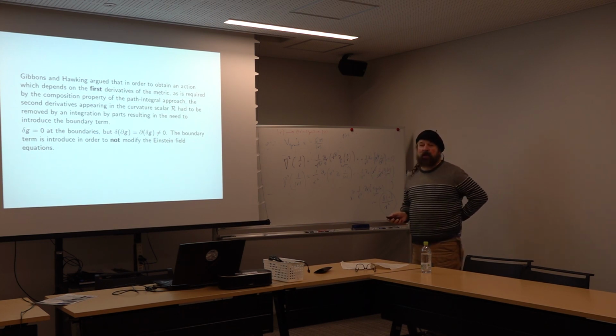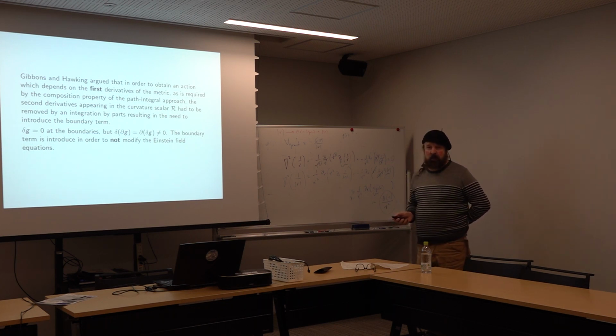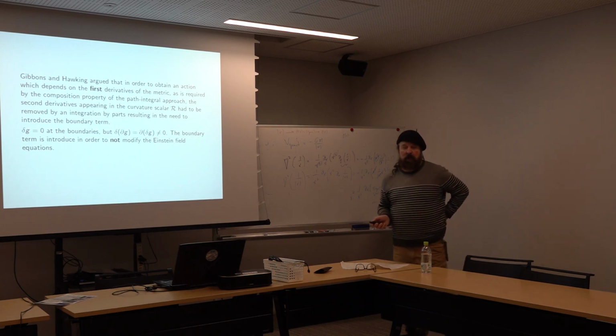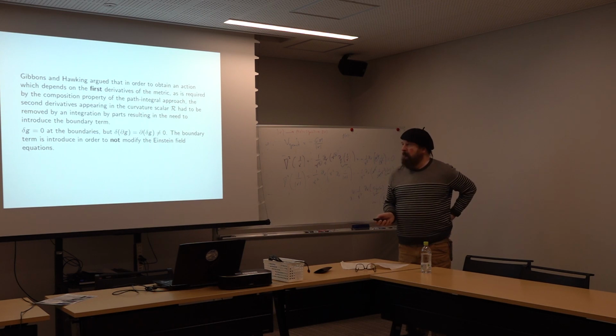Remember, in relativity there is something called the Palatini formulation of general relativity, where you treat the metric and the connection to be independent of each other. Usually the connection is given in terms of the first derivative of the metric, but in the Palatini formulation you treat the connection and the metric as independent entities.